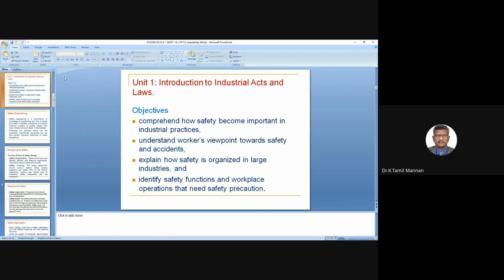You will also learn how safety is organized in large scale industries, and identify safety functions and workplace operations which need safety precautions. You have to list out the various safety functions in the workplace and the functions maintained during operations.